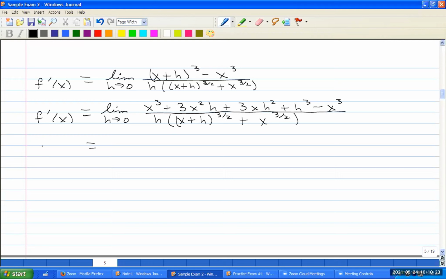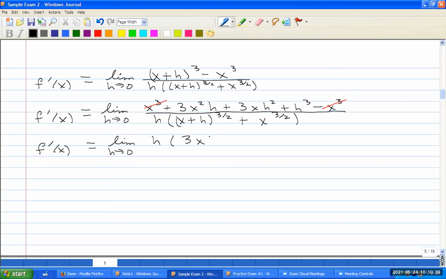So this is equal to, the x cubes cancel. Limit as h approaches 0. Let's factor out an h.